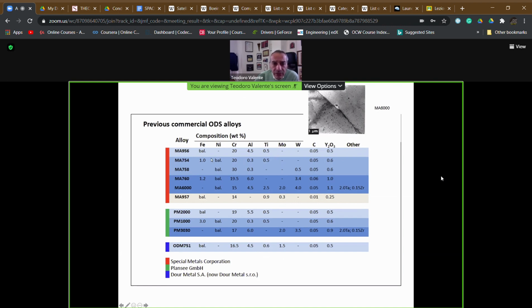And in this table, we can see that essentially there are two classes of superalloys which are used, or have been used, for the fabrication of ODS materials: iron-based, where you find balance here, or nickel-based, when you find balance in the column of nickel.